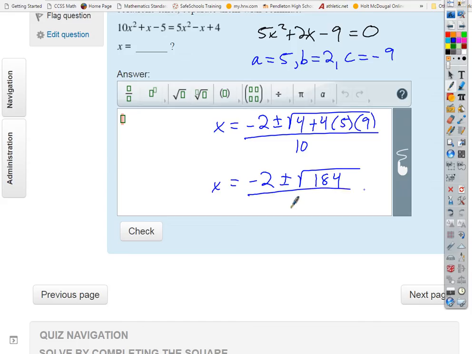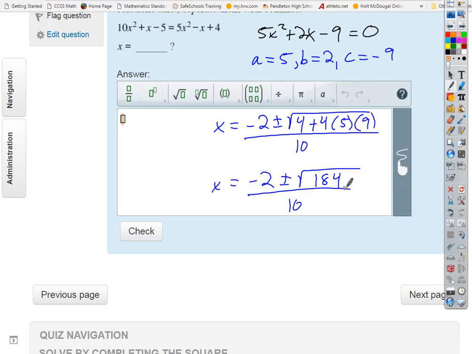all divided by 10. Well, does anything go into 184? 4 does not. 9 does not. So 16 can't. So 36 can't. 49, sorry.